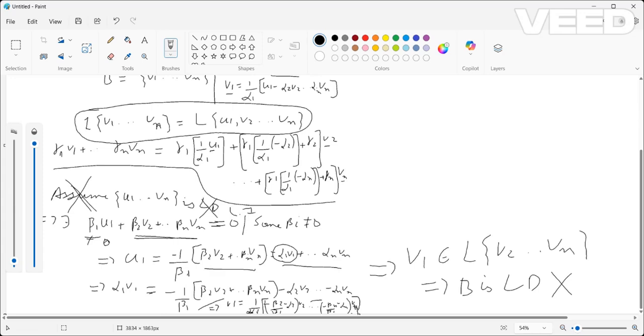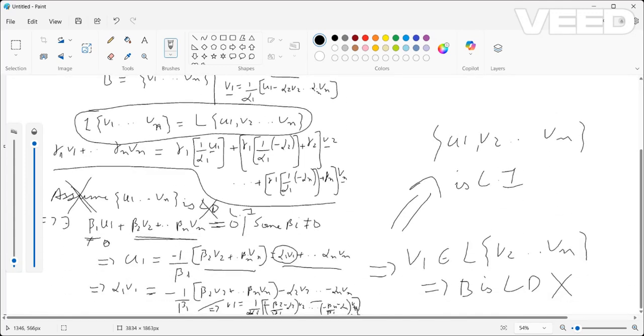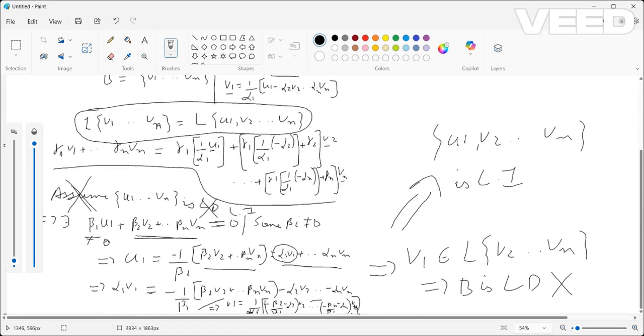Therefore u1, v2 to vn is linearly independent, and we already showed that the span of u1, v2 to vn is the span of v1 to vn, which is the whole space.